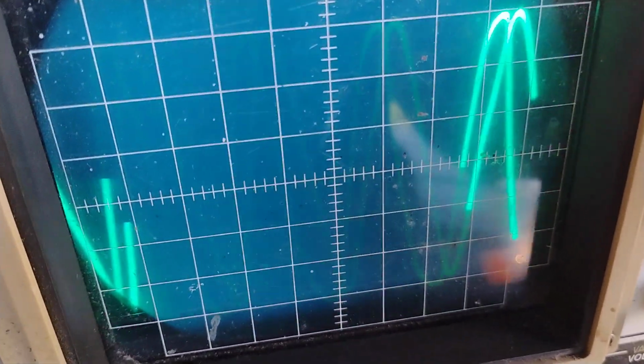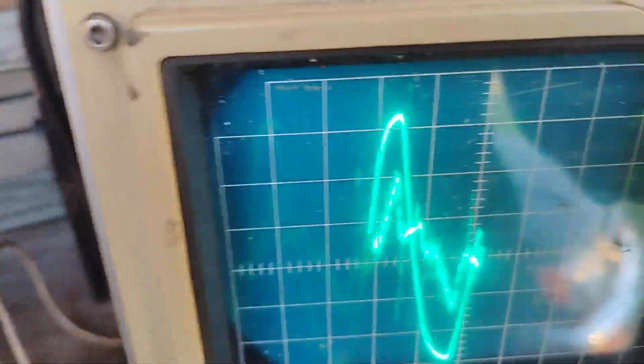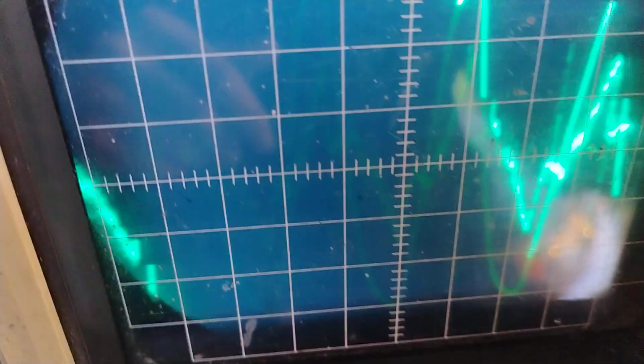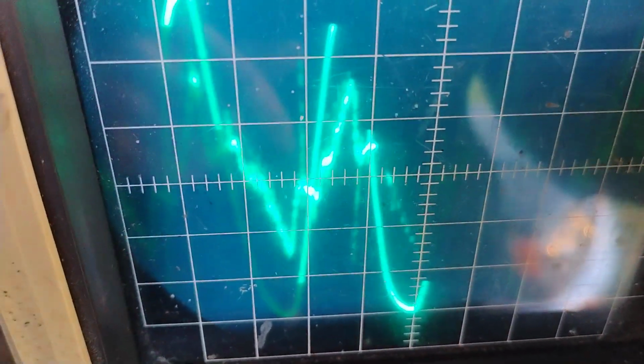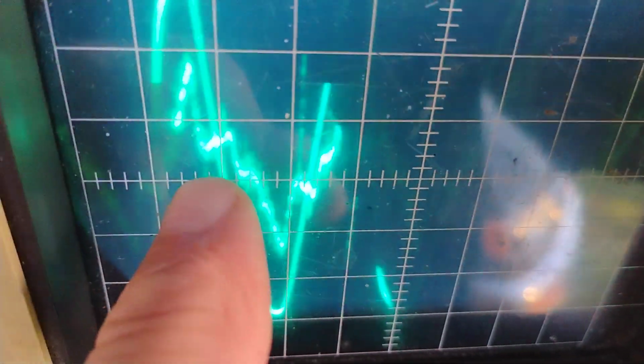There's that phase shift. Now I'm putting a 4 µF cap in parallel, and look how the amps look now. And there's just a little bit of phase shift over here. More or less there's no phase shift.